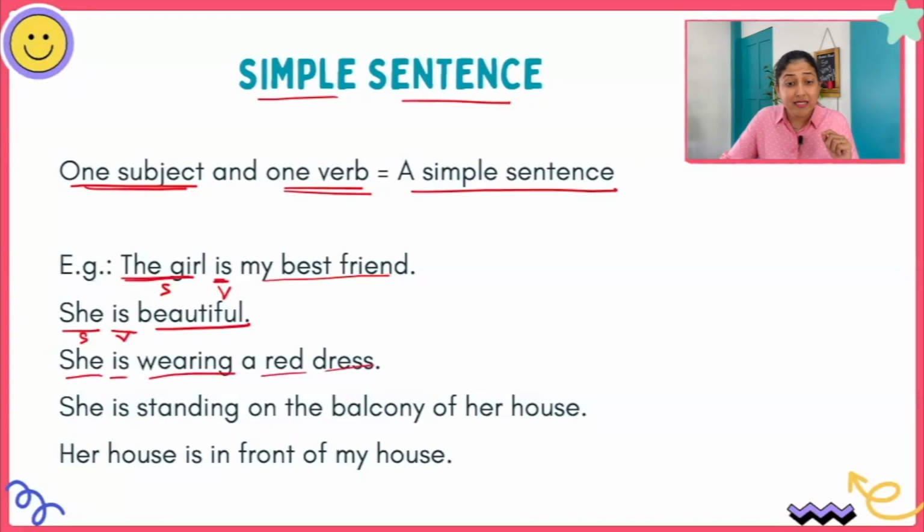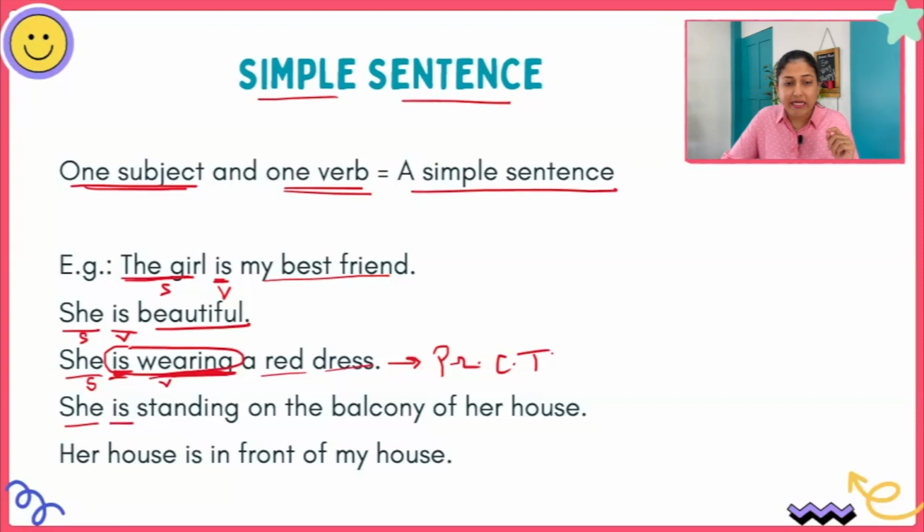Again, this is present continuous tense, right? So the main verb is wearing, and is is a helping verb. I hope this much you already know. In that case, again, we have one subject and one main verb. Again, we'll call this a simple sentence.